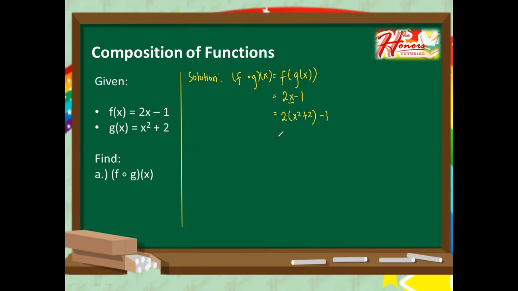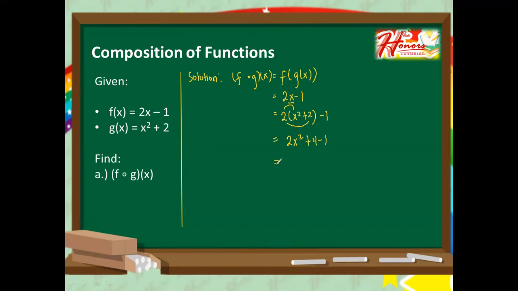And then after that, we have to simplify. 2 times x squared, that is 2x squared. 2 times 2, that's positive 4, so plus 4 minus 1. And then we have to combine like terms.